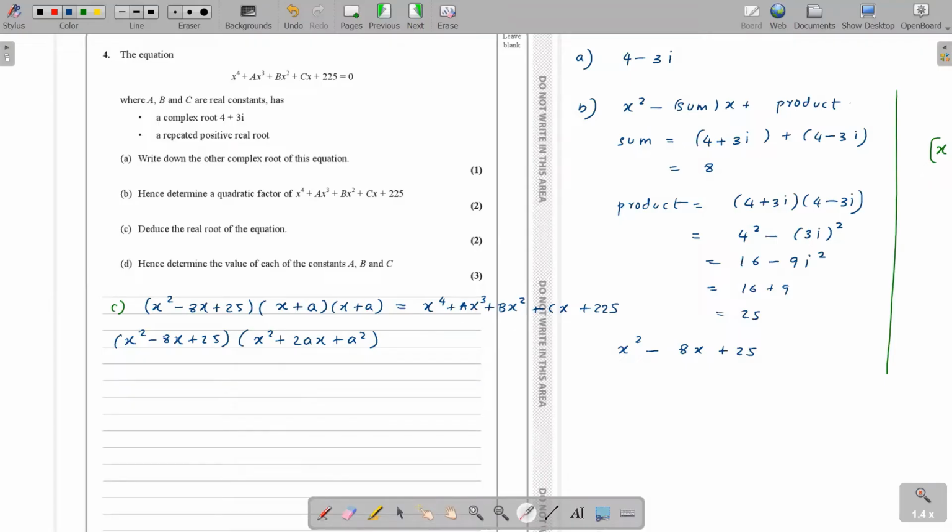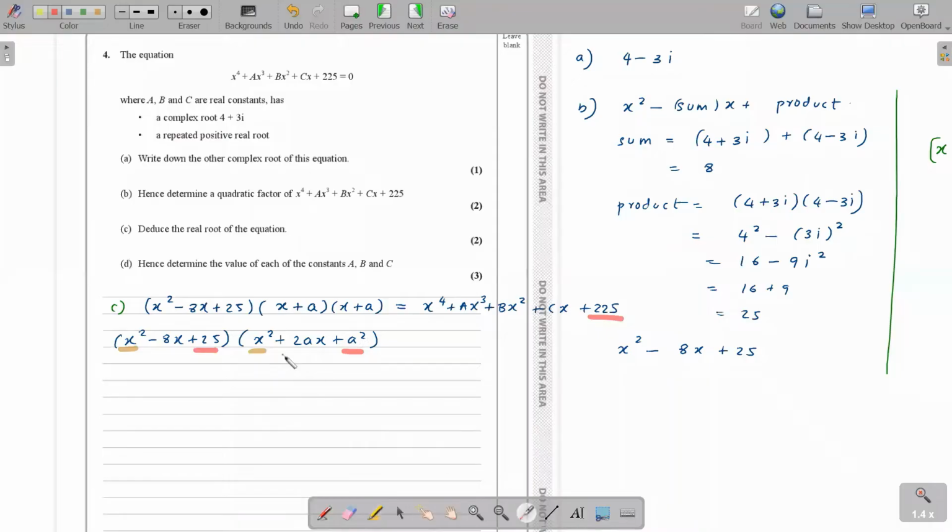Now you need to realize here, you get x to the power 4 when you multiply the two x square values, the two beginning terms, right? Those are the only two terms that contribute to give you x to the power 4. And do you see the very last term here? The very last term is 225. 225 is a constant. Which terms multiply together to give you a constant? The constant 225 is produced solely by the multiplication of 25 and a square.